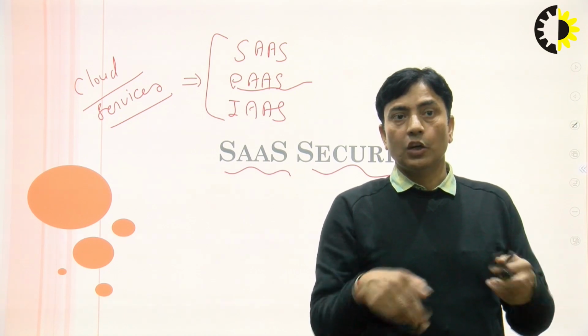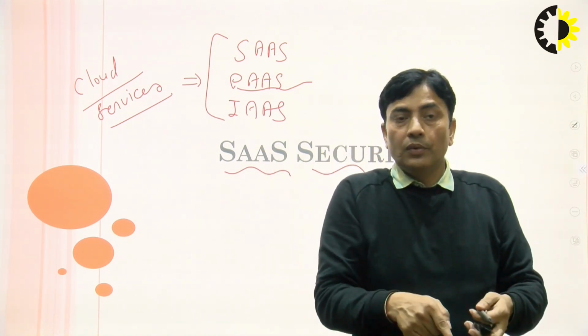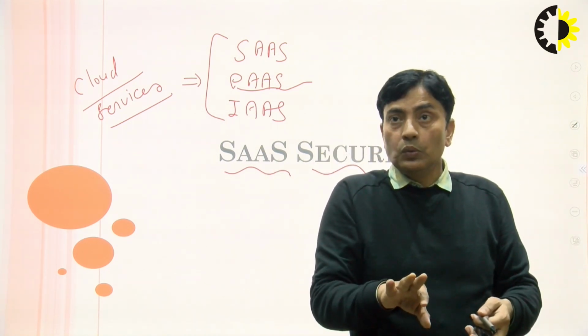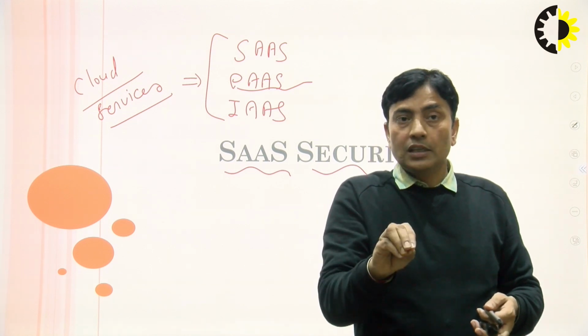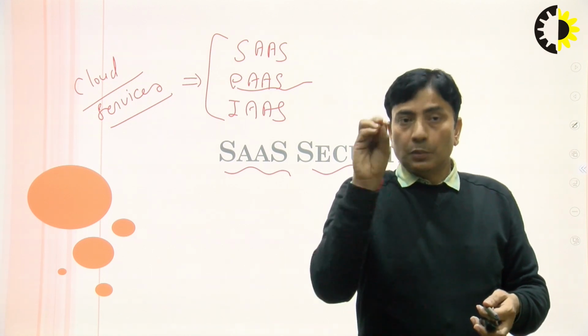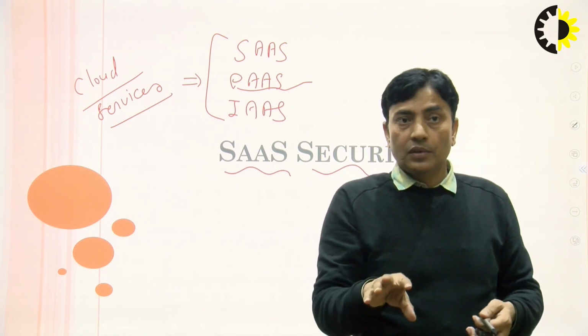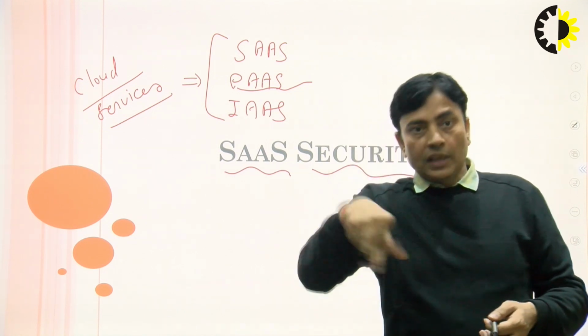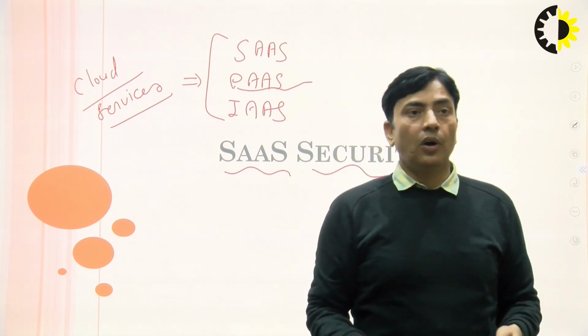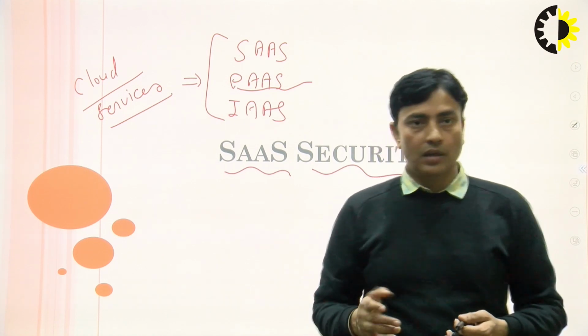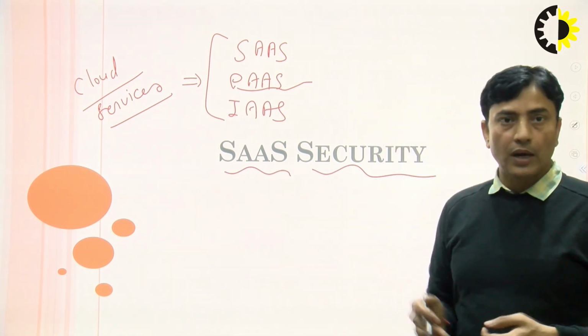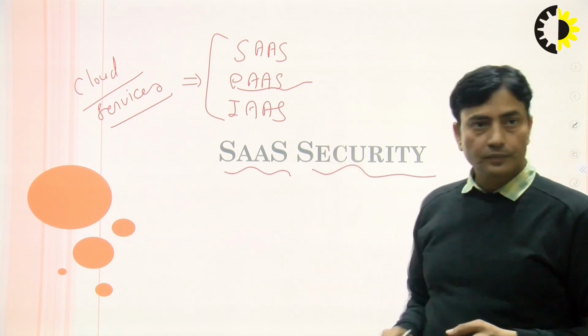All the platform required to write an application, deploy the apps, and test the apps is known as the platform. All that kind of software and platform is provided in PaaS.